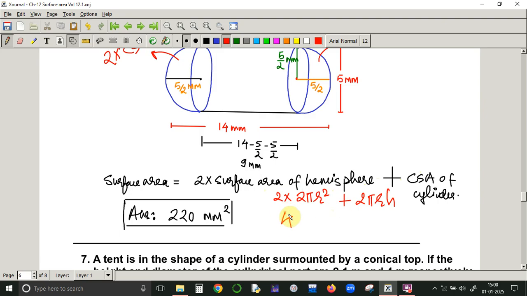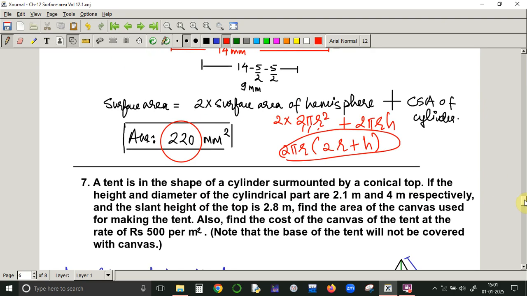So this is 4. What common thing can I take out? 2 pi and 1 r. So 2 pi r, times 1 2 is there, r is there, and h is there. So just put the values over here. You will get 220 mm square.